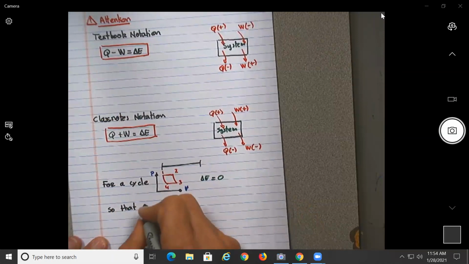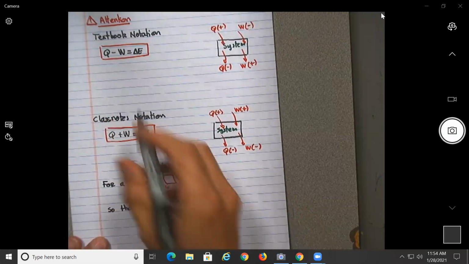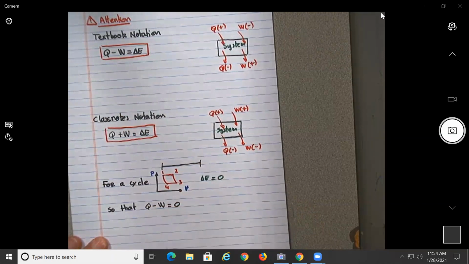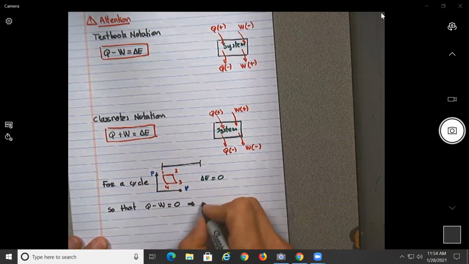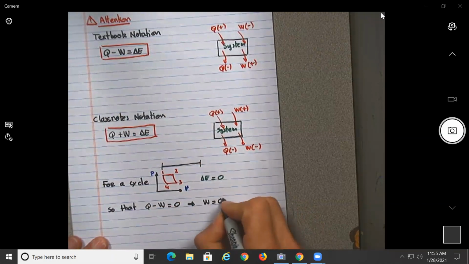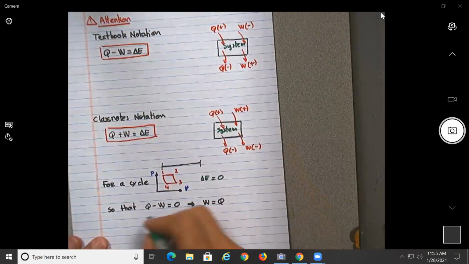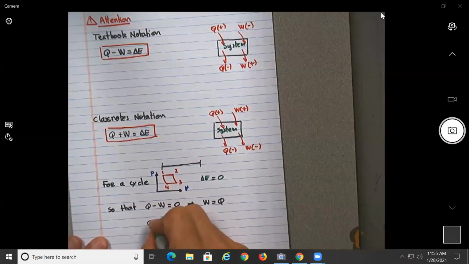So that, what do we have? Let's say if we use the textbook notation, and this is the reason why they do it, it will be equal to 0, which will give you work equal to heat. Okay? And if you use the class notation, what would you have?